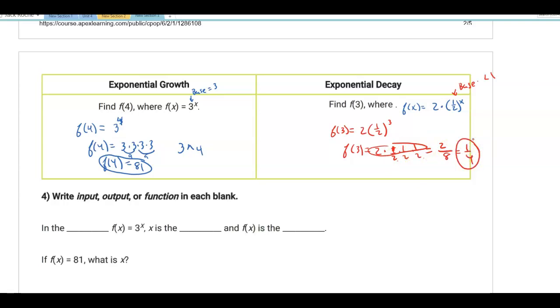So if you started with an amount of 2, and it was decaying at a rate of 1/2, or a half-life, after say 3 minutes, 3 years, whatever it is, you would be left with 1/4. So your amount is less than what you started with.